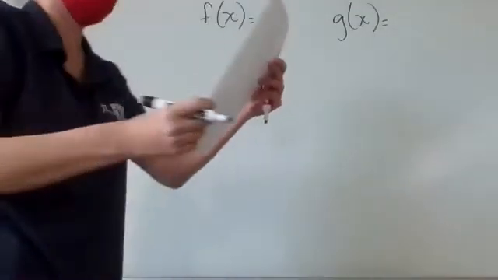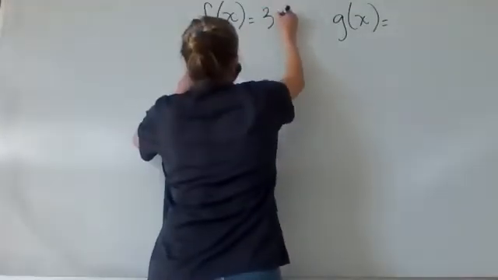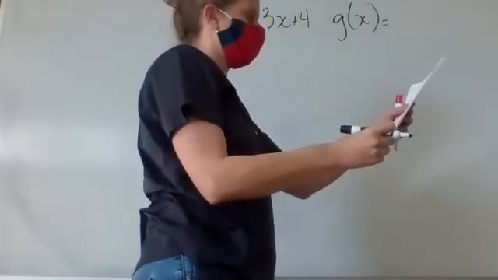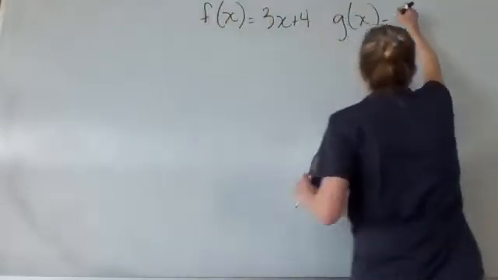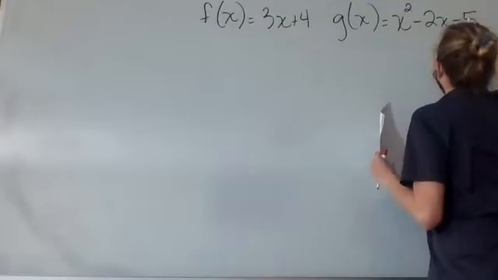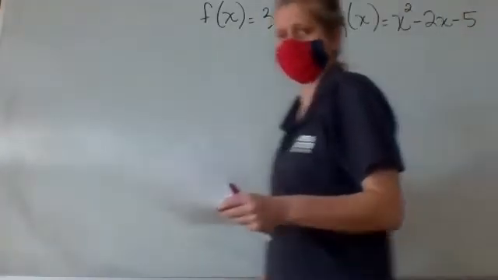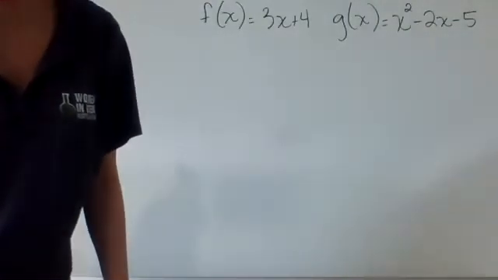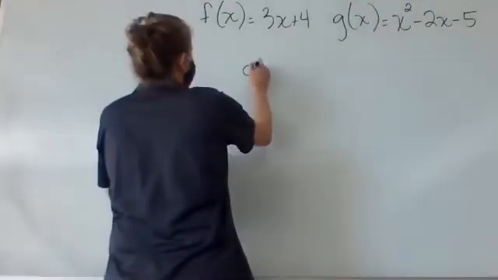F of x is 3x plus 4. G of x is x squared minus 2x minus 5. And I'm finding g of f of 7.